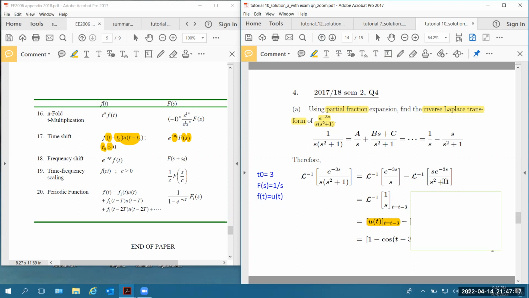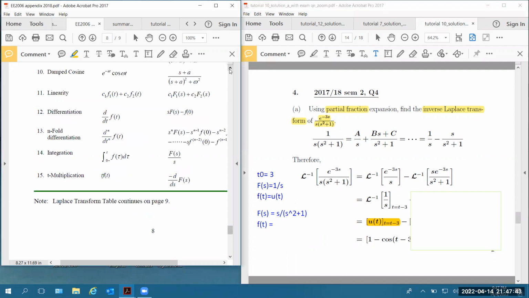Now for your second term, your capital F is different. So that means your small f will also be different. So this one is s over s squared plus 1. Do we know the f(t)? I think it also looks familiar.